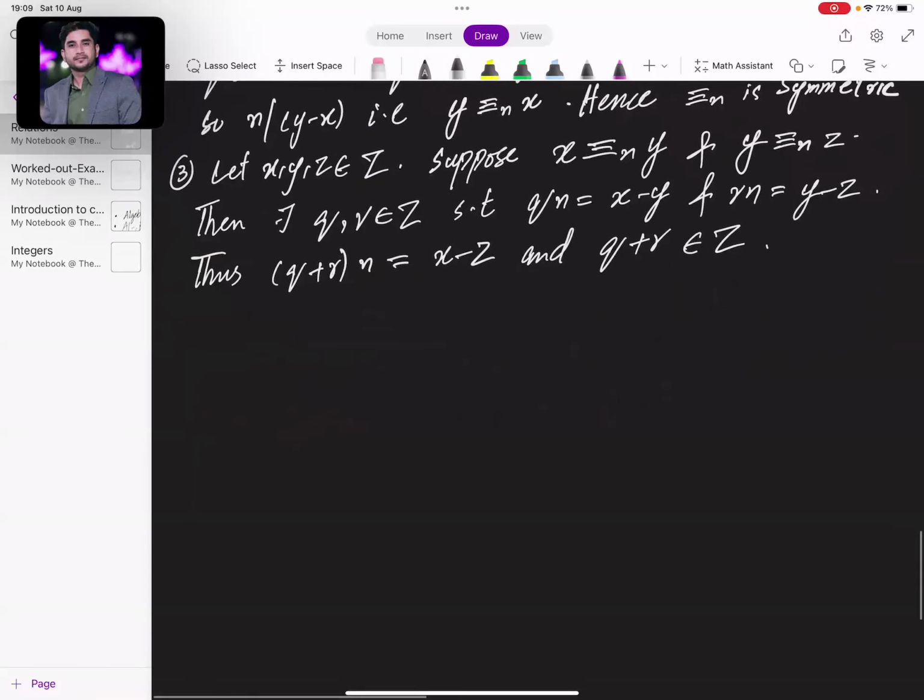Consequently we end up with x is related to z, hence transitive.